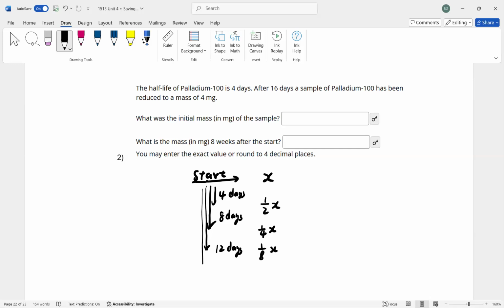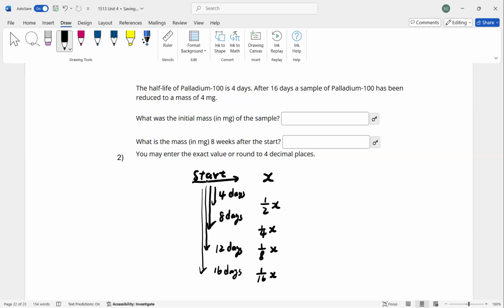And after another 4 days, which is 16 days, we have 1/16 x, right? Does that make sense, everybody? So every 4 days, the half-life, the weight is cut in half. After 4 days, half x. Another 4 days, a quarter x. Another 4 days, 1/8 x. Another 4 days, 1/16 x.